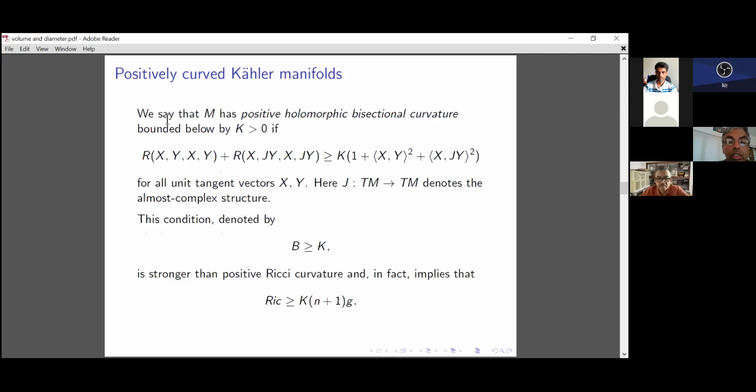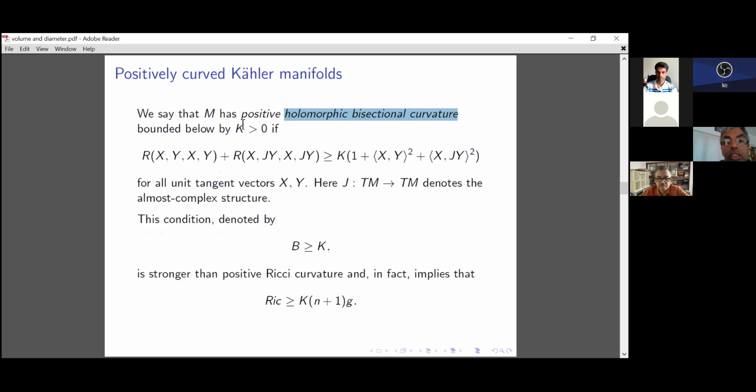And this is perhaps, at least from one point of view, the most relevant one in the Kähler case: the so-called holomorphic bisectional curvature. It turns out that if M has positive holomorphic bisectional curvature instead of just positive Ricci curvature, then the bound does hold.